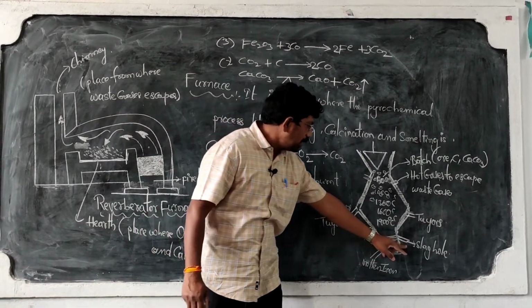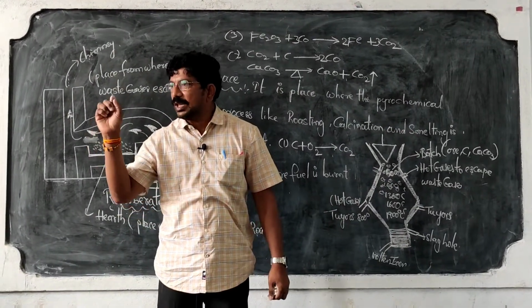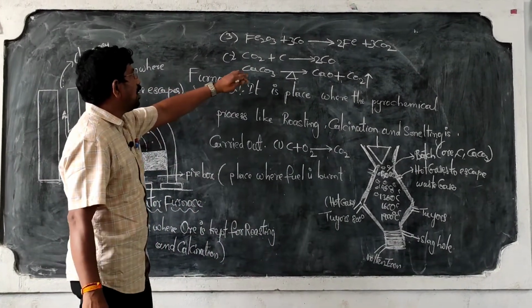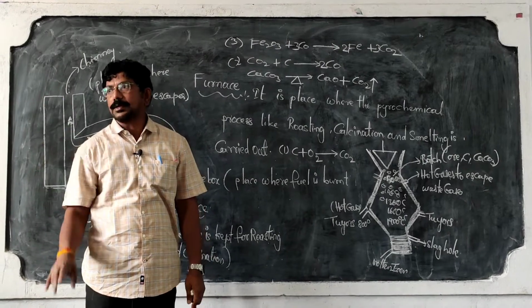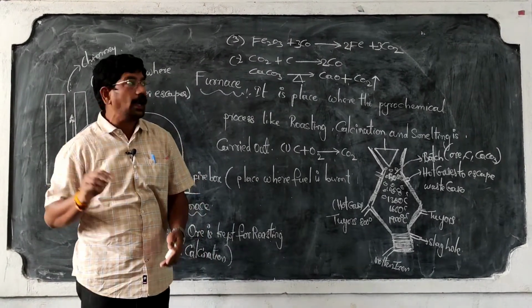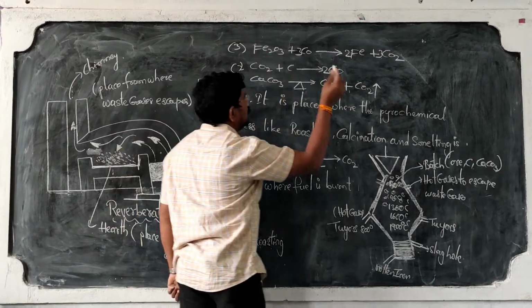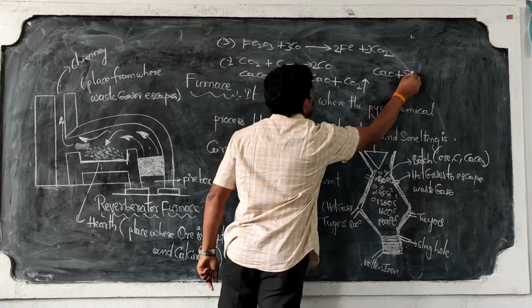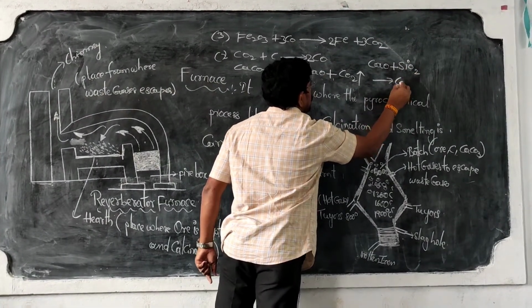Next one, here the waste material, we call it calcium silicate. Why? Because this ore consists of impurities like silicon dioxide and aluminum oxide. Already I told you what the impurities are. See, silicon dioxide is present. This calcium oxide reacts with silicon dioxide to give calcium silicate.